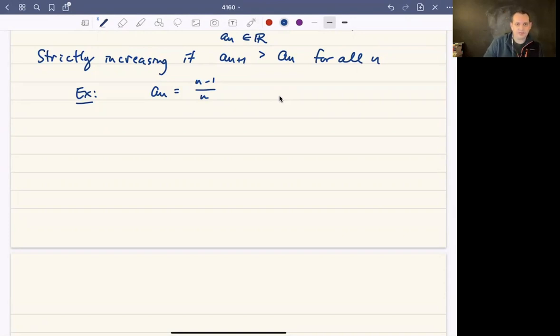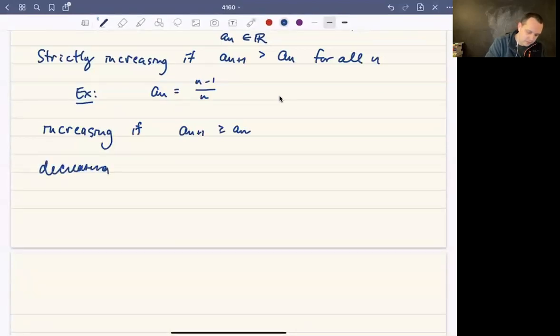And then from here, you can see that there's going to be 4 definitions. There's just increasing. So a sequence is going to be called increasing if a sub n plus 1 is greater than or equal to a sub n. It's going to be decreasing if a sub n plus 1 is less than or equal to a sub n, and then strictly decreasing.